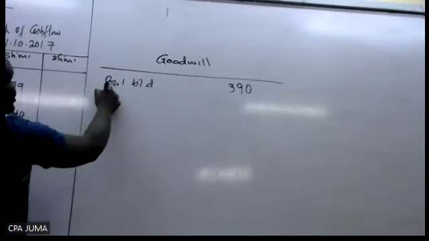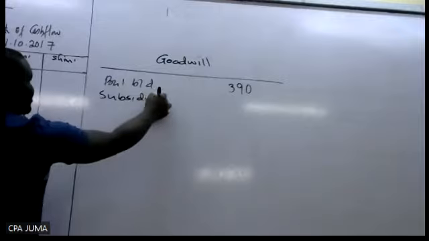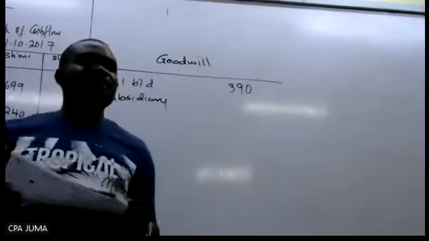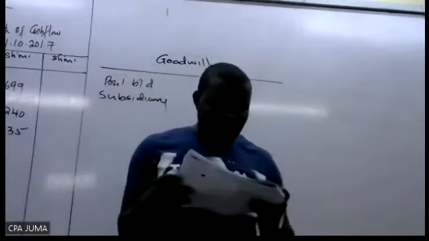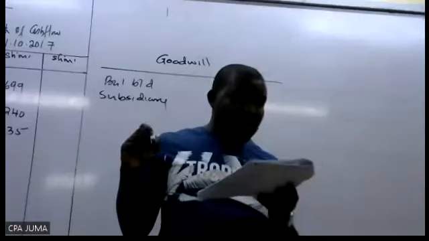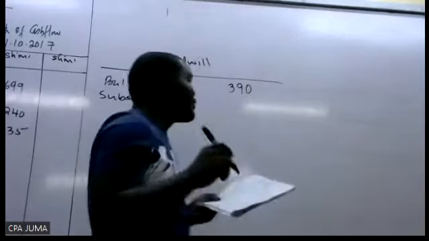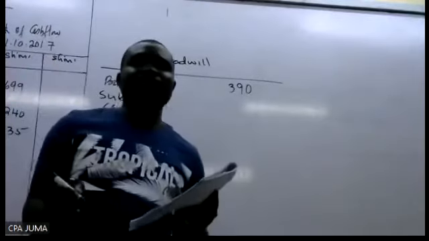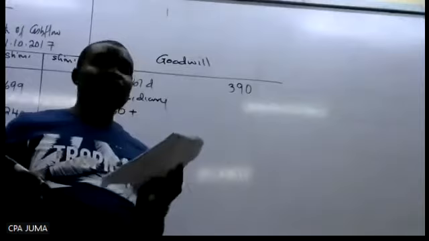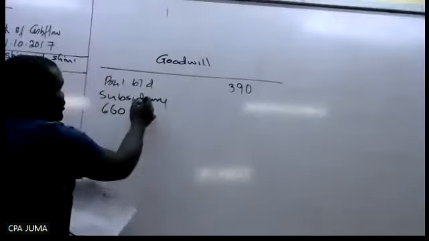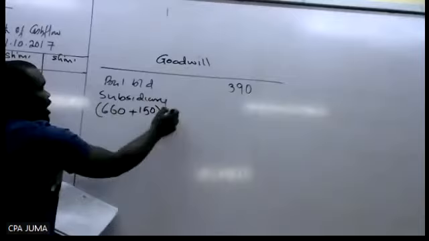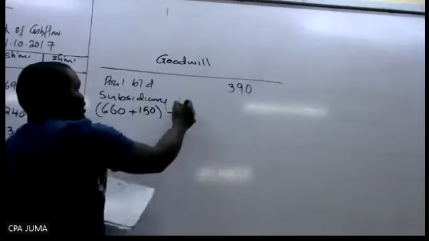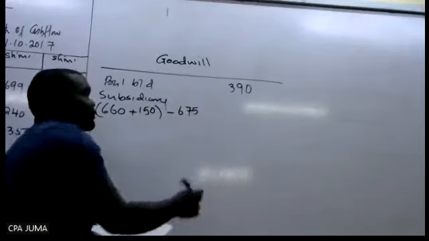So for the subsidiary, check purchase consideration plus NCI minus the net assets acquired. In the note, they said the subsidiary had been acquired for a cash payment of 660. NCI also stated at fair value, which in that note was 150. So you add 150. Then you subtract the net assets on that date of acquisition, which was 675.